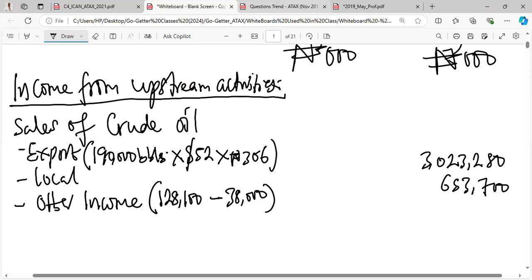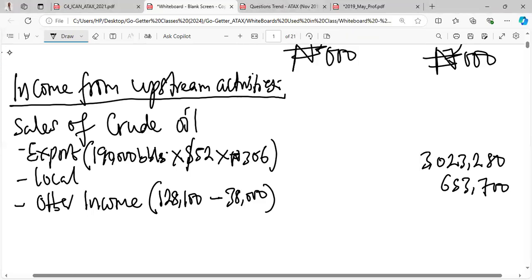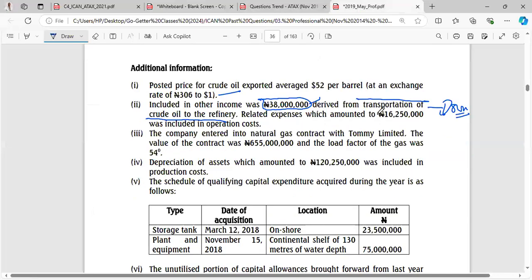Let me leave this figure, I need it. 128,100 minus 38,000. That gives me 90,100. I'll come here, 90,100. Then the next thing here, related expenses. Okay, leave expenses. We are not done with income.